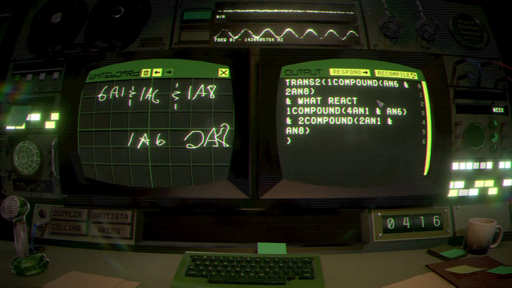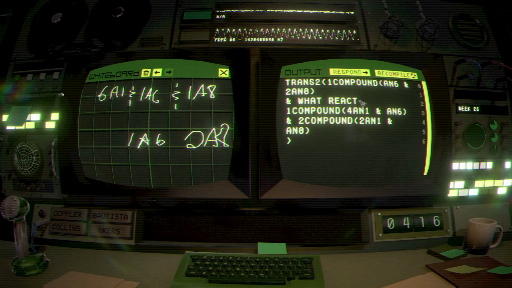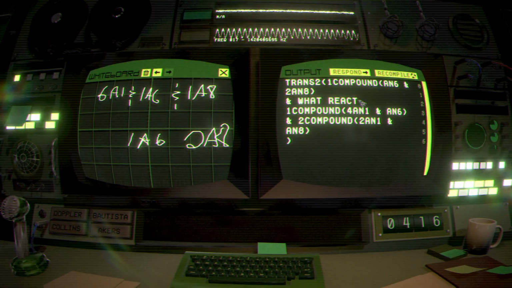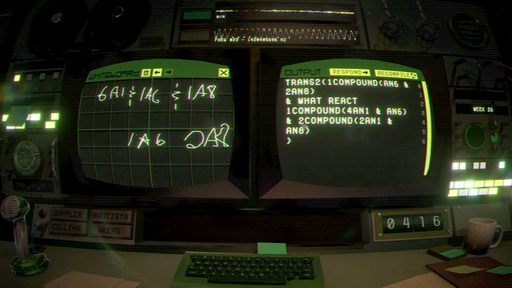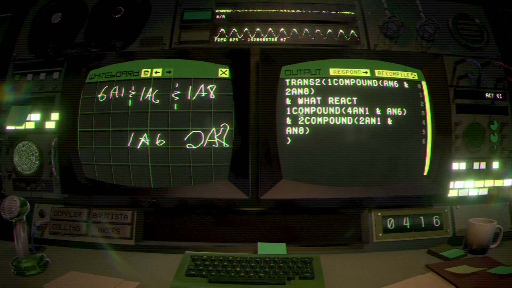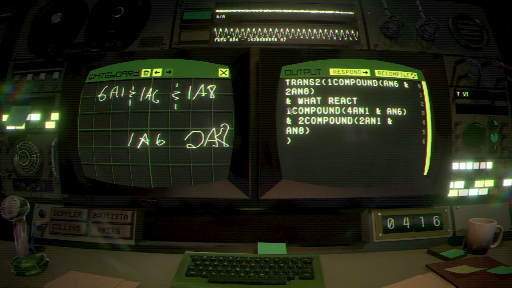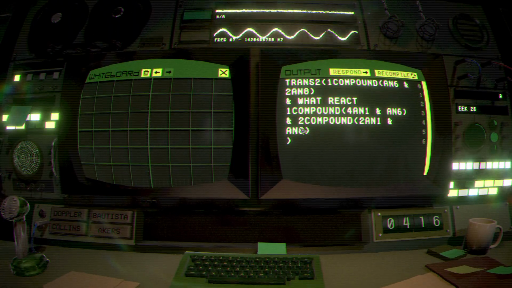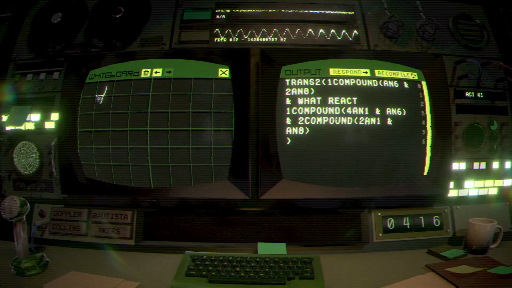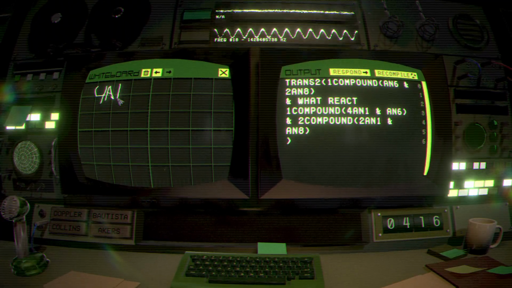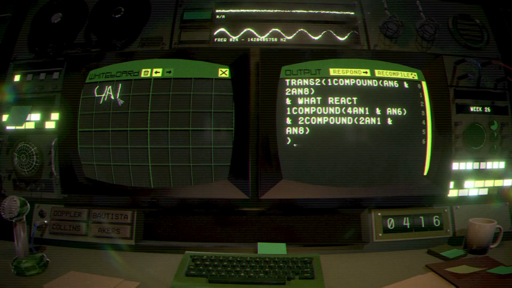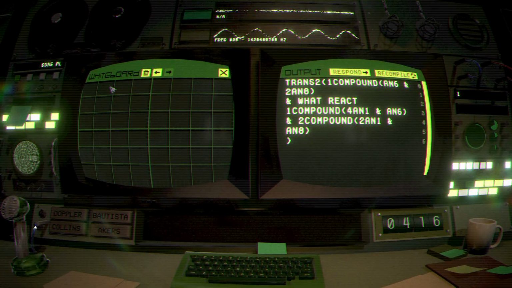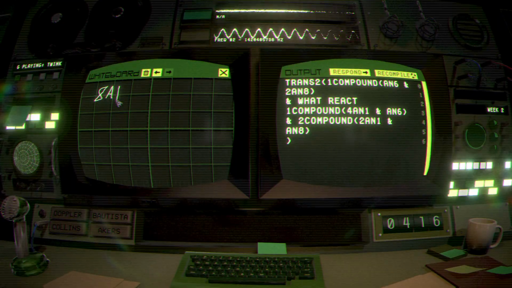But how? Oh, because there's two of these. Stupid. Let's redo this. So 2 times 2 is 4 AN1s. Plus 4 is 8 AN1. Okay.